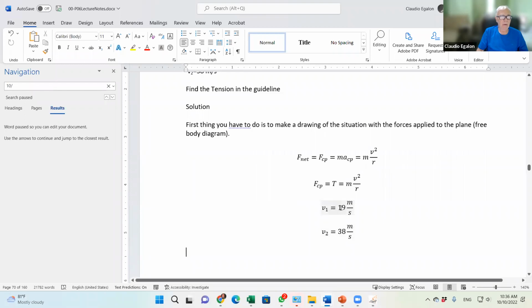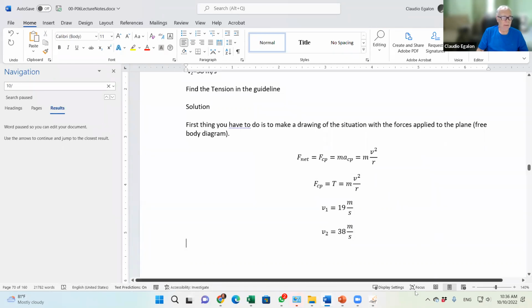The speed increased by twice. Do you expect that the tension is going to increase by twice if the radius remains the same? Not so, because the tension goes with the square of the speed. If you double the speed of the plane, the tension is going to increase fourfold. Make sense?